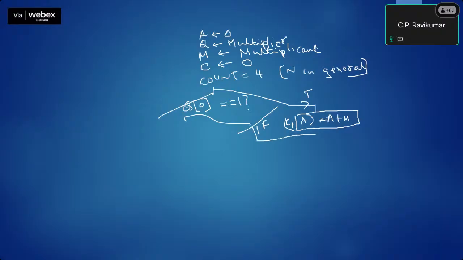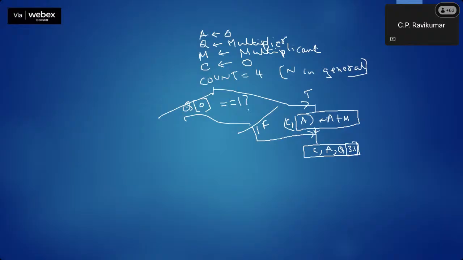And in both the cases, I will have to shift the accumulator and the Q together. So C, A and Q 3 to 1.